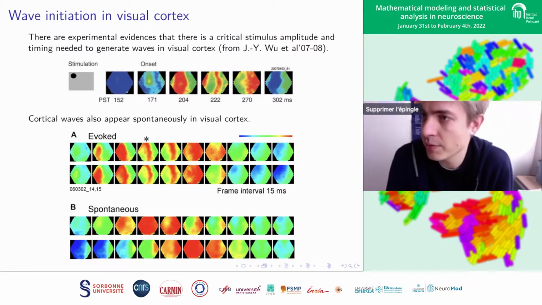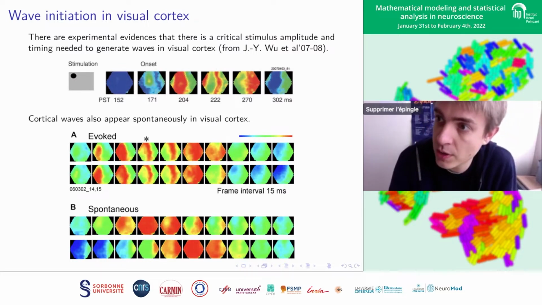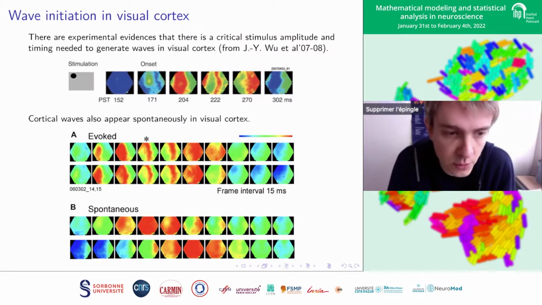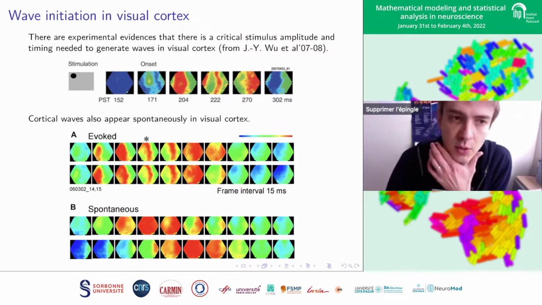You can get, for example, during your sleep, this spontaneous wave, which shares very similar patterns to the wave that you would get evoked by a stimulus.